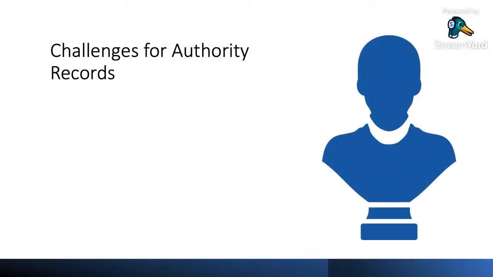The challenges that we encounter with authority records is that right now, the majority of records are from the classical era, and that's mostly because it's a closed canon, so it's easy to have a beginning and an end point.